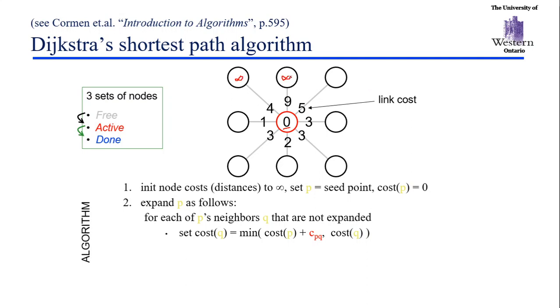So initially each of them is infinite. Initialize node costs, distances, to infinity. Set the seed point cost to 0. So this is what we are doing.